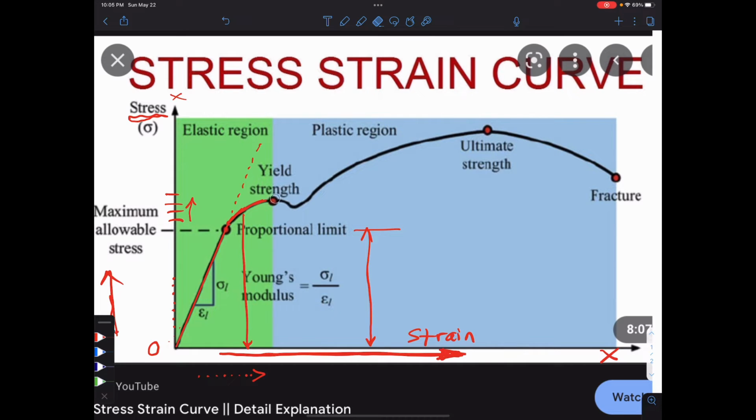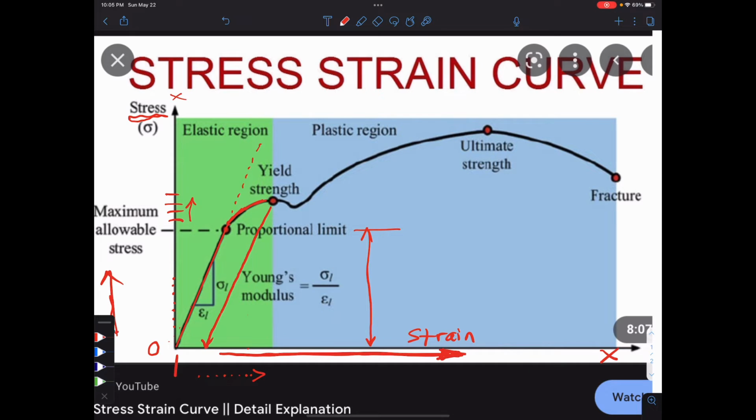Now, guess what happens? Let's say we get all the way to this point here, and we let go. This is what the metal does. It does not follow back down the same path that it took to get there. Instead, it springs back at the same angle as the original stress-strain line, along this path here, all the way back down to 0.